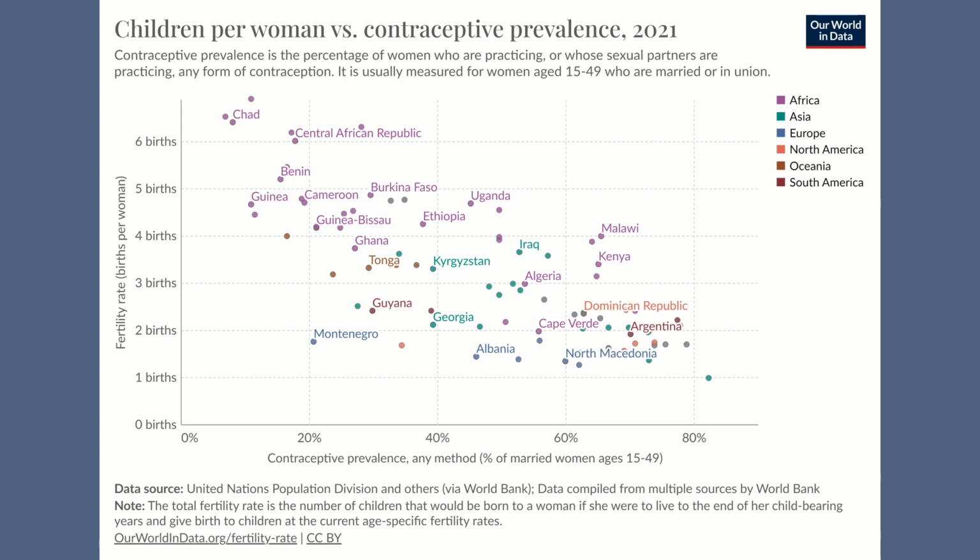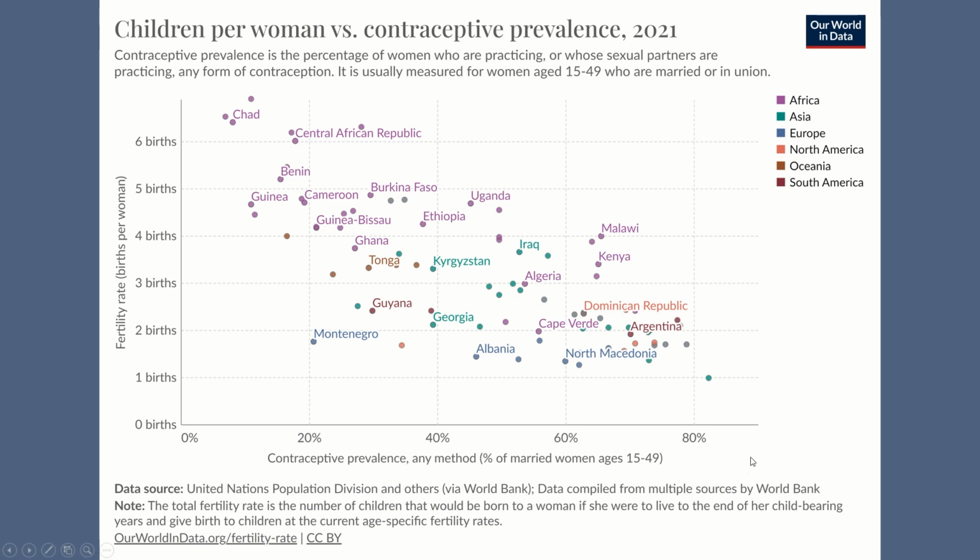If women have access to contraception, then we also see an association: the more access to contraception a woman has, the lower the birth rate is. You can see Chad way up here on the top, over 6 births per woman, with very low contraceptive availability, as opposed to, let's say, Argentina, which is about 2 children per woman, and a very prevalent contraception accessibility here.